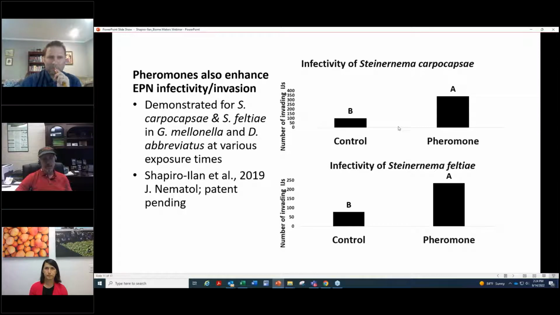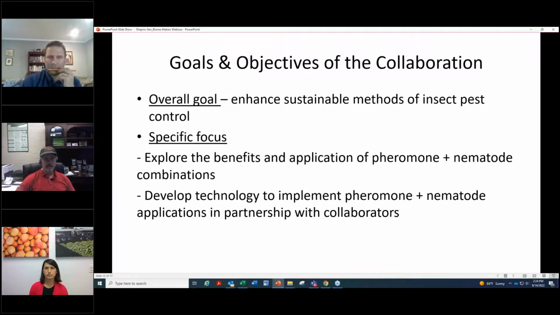So if you have these pheromones that are directing nematode behavior, we want to see if we could leverage that to improve biocontrol, so we could tell the nematodes it's time to go out and find an insect and infect it. So that's what we started testing: can we use these pheromones plus nematodes to enhance biocontrol efficacy?